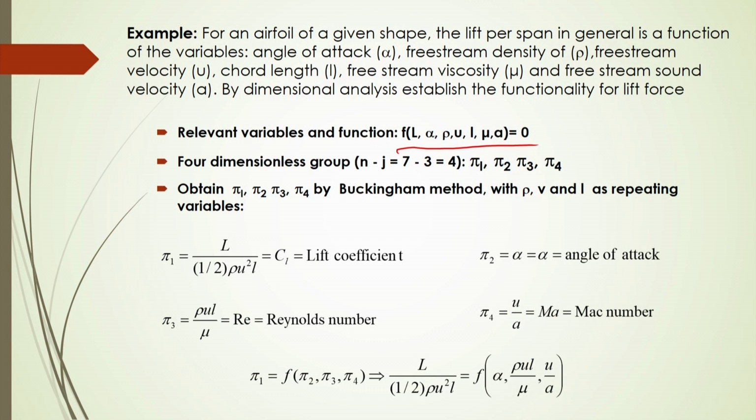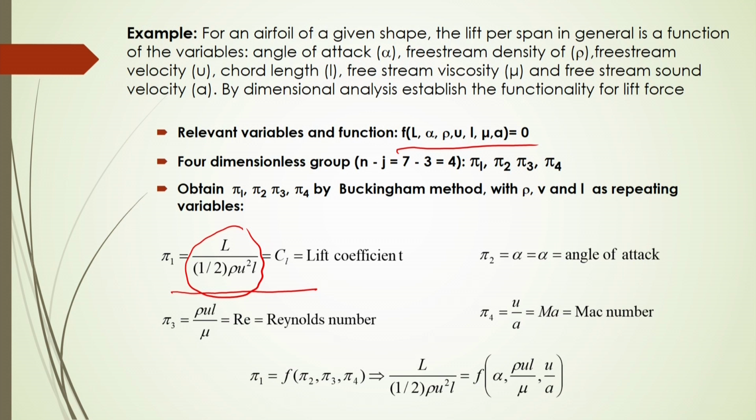To obtain these dimensionless groups, we can use the Buckingham method with the repeating variables rho, u and L. After solving all those equations by comparing the dimensions on both sides, phi 1 will be equal to L by half rho u square L, which is C L, the lift coefficient.